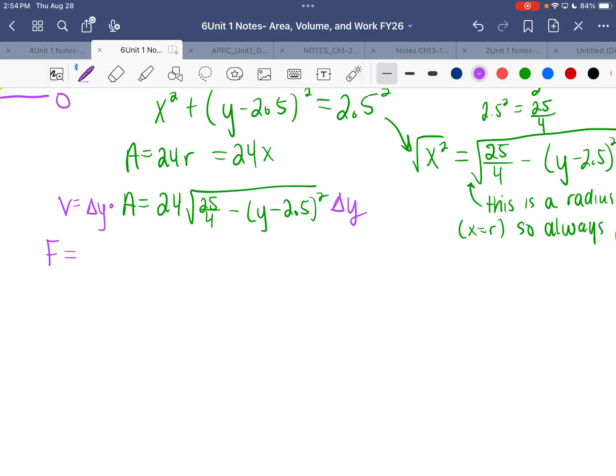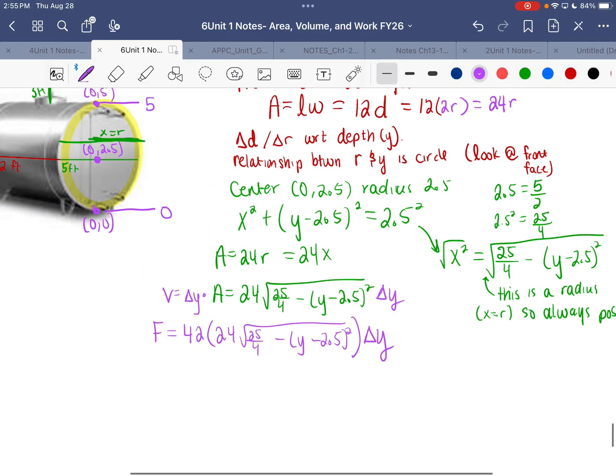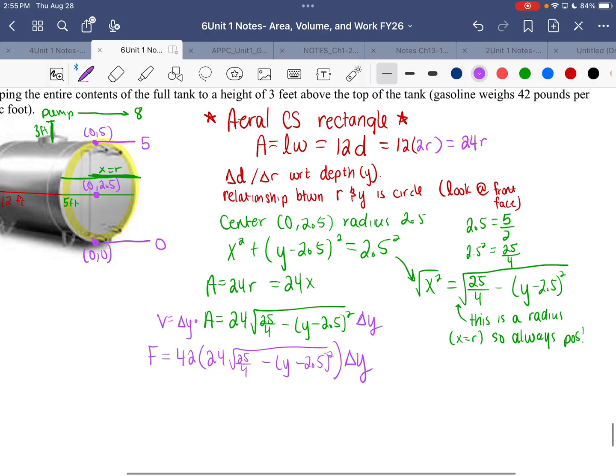So our force becomes 42 times 24, all this stuff. All right, and try to beat me to writing your work expression. Think about where the pump is versus where the liquid is.